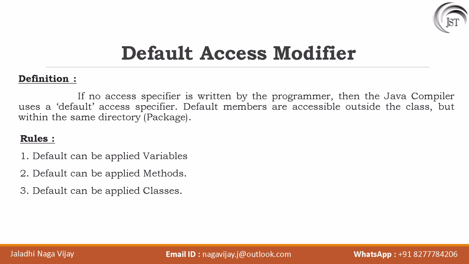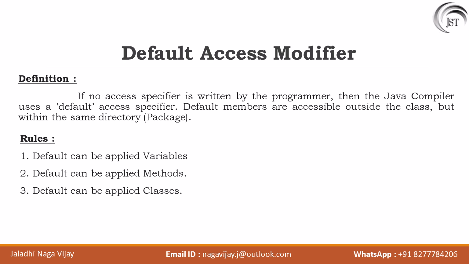These are access modifiers. Access modifiers are mainly used to control access to classes. That means you can give restrictions to variables, methods and classes. There are mainly 4 types of access modifiers: public, private, protected, default. Public means you can access anywhere in the application, that means in the project.